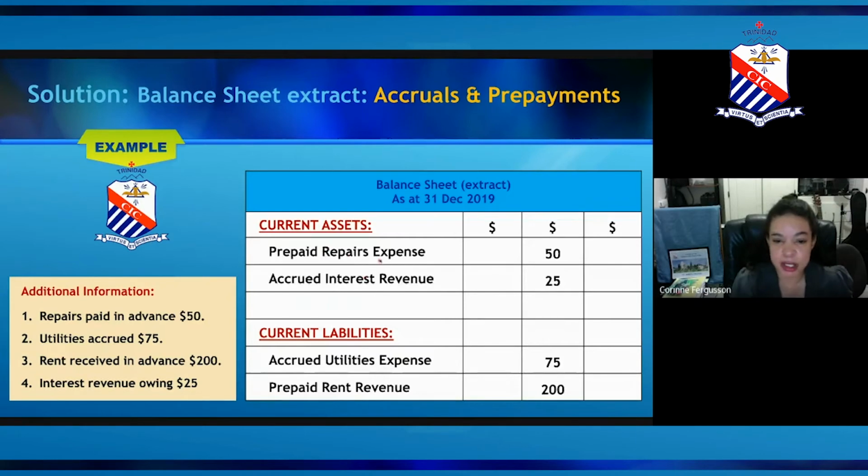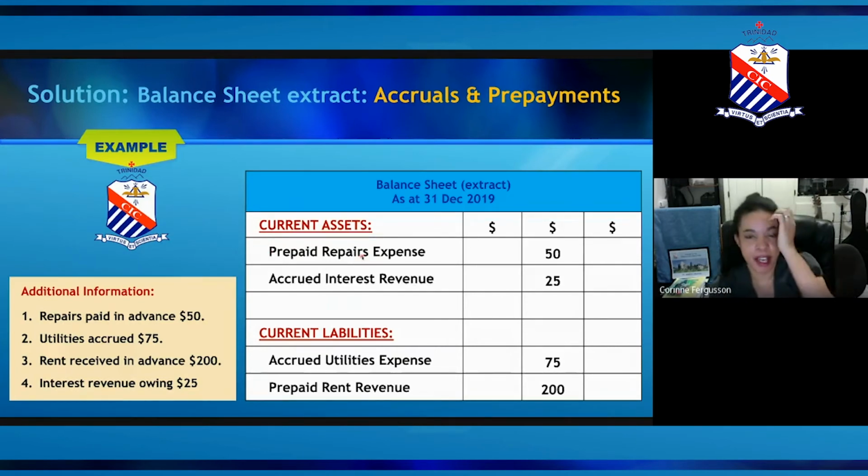You have to put the specific name of whatever the expense is. And in this case, the expense was the repairs. So this is what I'm going to have to see, prepaid repairs. You don't necessarily have to put the expense. If you want to, you can put it. But you must put the prepaid repairs.